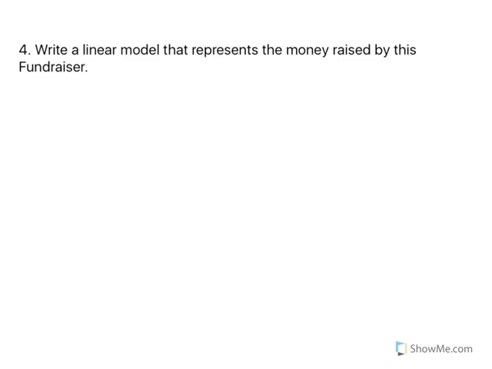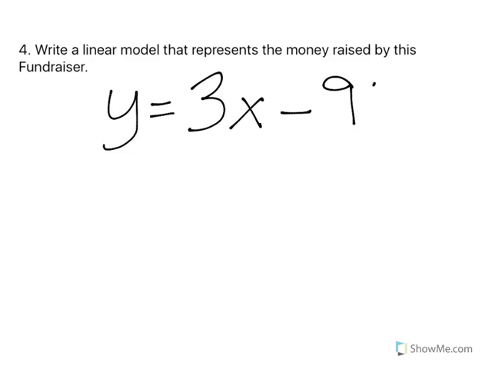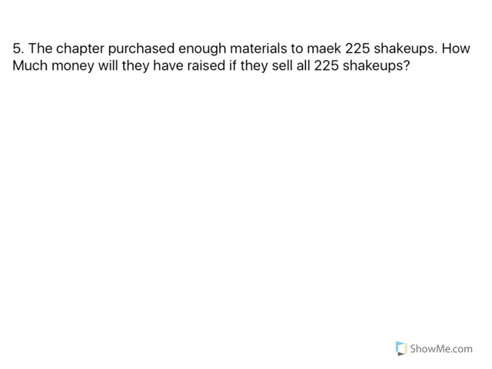Write a linear model that represents the money raised by the fundraiser. Well, Y equals 3x minus 90, since I'm charging $3 per shake-up, but I spent $90. So this is my linear model, and we can use that to answer questions. They have enough to make 225 shake-ups.